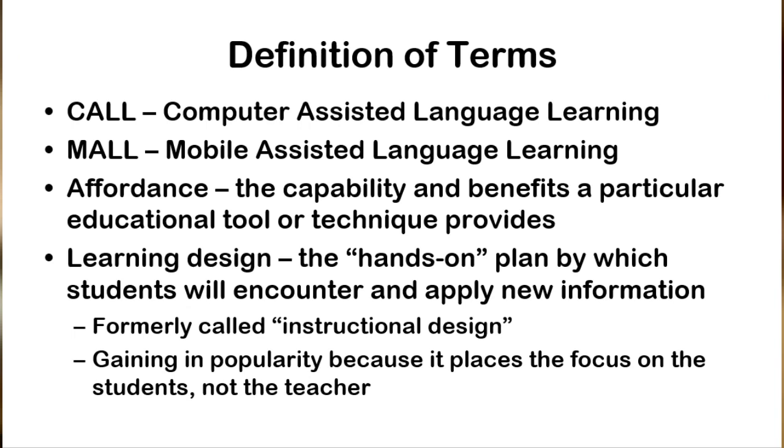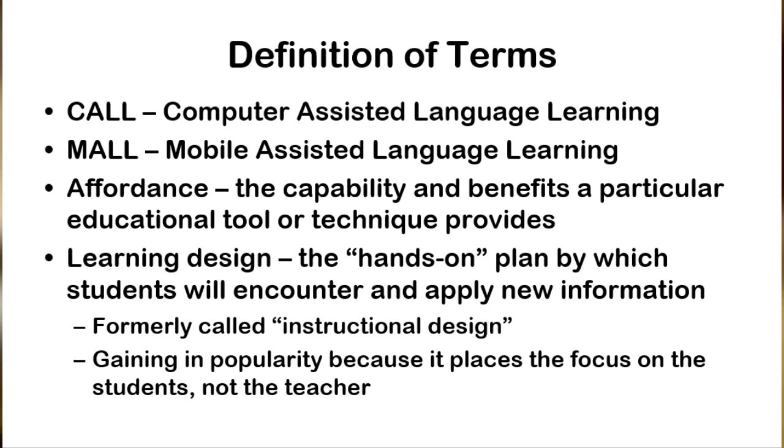I also want to talk about the term affordance, although we'll be talking about it more in the next video. Affordances are the capabilities and benefits that a particular educational tool or technique provides.